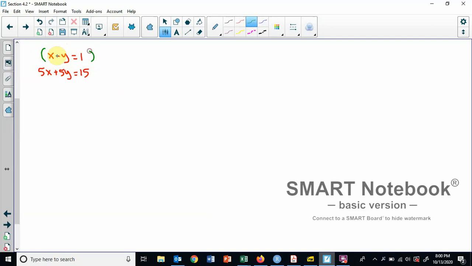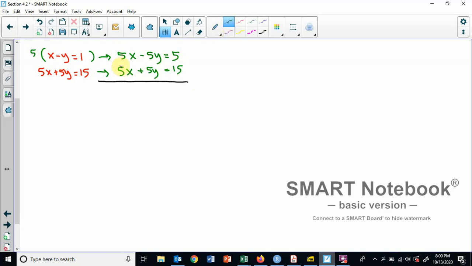So let's do our priming step here to get ready to do an elimination. Let's see, and that would be 5x minus 5y equals 5, and this one didn't need any multiplication. Let's just carry it over. 5x plus 5y equals 15.